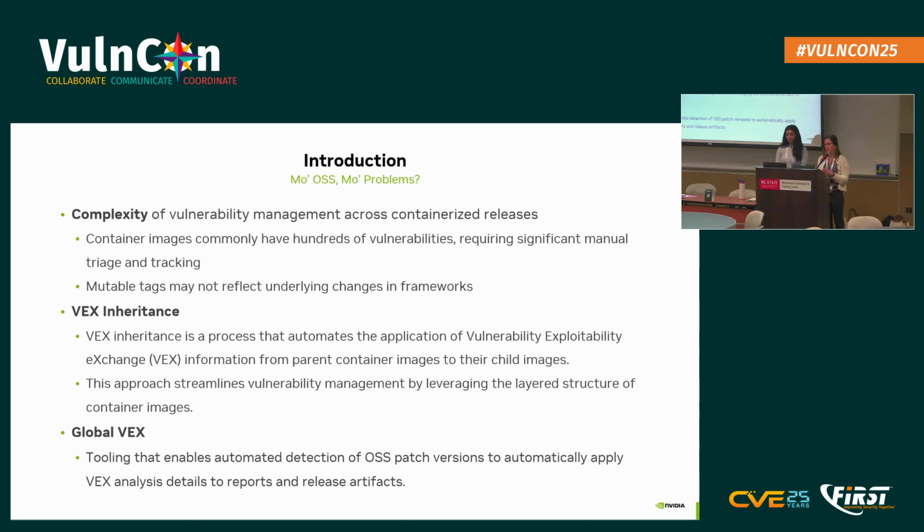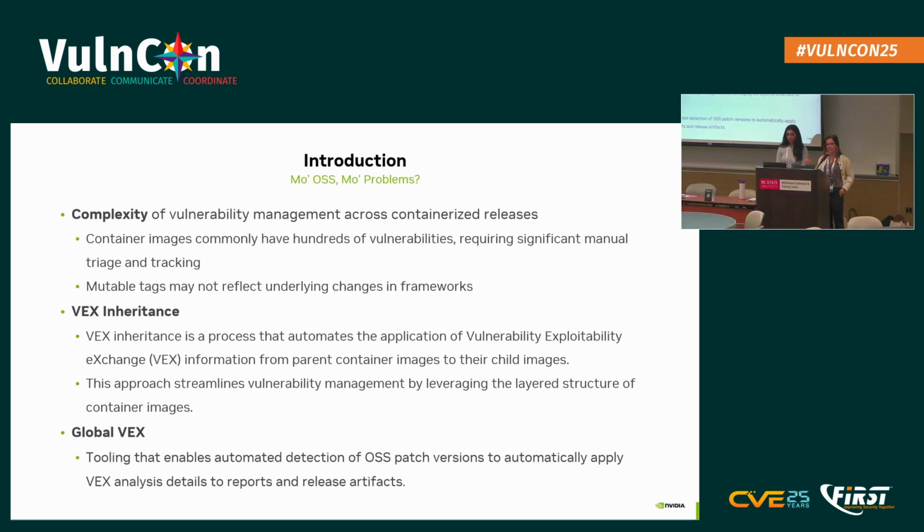The other concept here is the global VEX. This is where we are using a policy to define in our scan tooling when we find the open source patched versions, so these custom versions. Like we took the open source, we forked it, we actually patched something. And so now we're naming the open source, basically the same version, but it's like we fixed this, right?